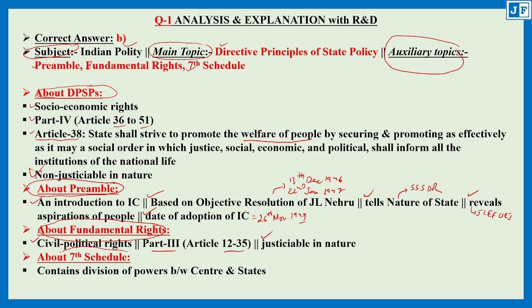Regarding 7th Schedule, it contains division of powers between center and states. This division is mentioned in 3 lists. These are Union List, State List and Concurrent List. This idea was taken from Government of India Act 1935.